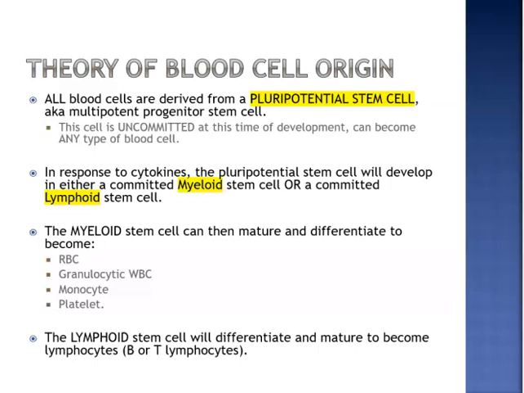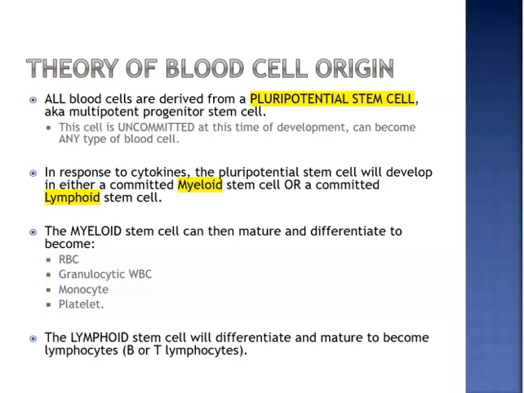This is an uncommitted stem cell at the time of development, and it can become, like I said, any of the three types of blood cells. It can become a red blood cell, a white blood cell, or a platelet. It just depends on how it matures in your bone marrow.